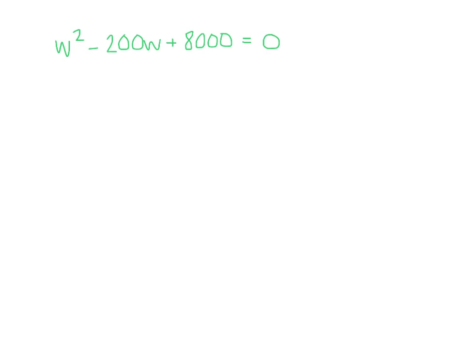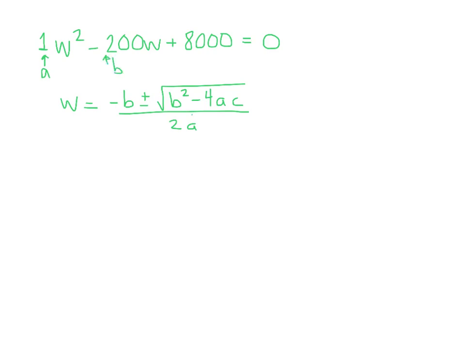Okay, so I'm going to write out the quadratic formula here. I know that, actually I should write down not x, but W equals all of the rest of that. And I know that my A value is just the 1. My B value is clearly the negative 200, and my C value is 8,000, so I'll plug that in here.